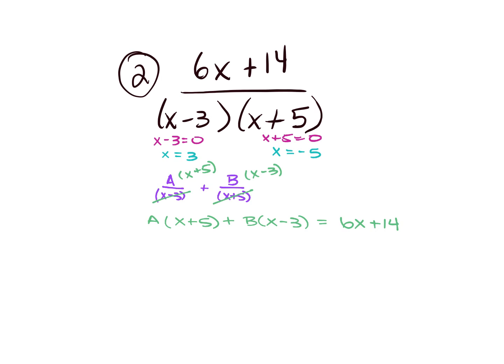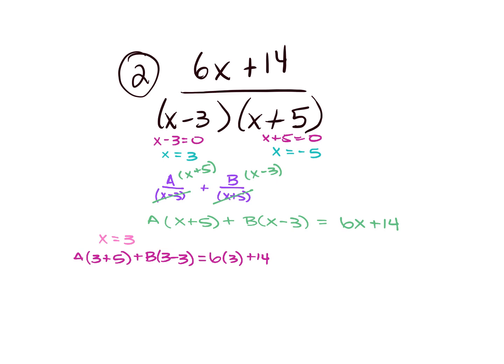We said that x is 3 and negative 5. So if we use that x is equal to 3 first, that's going to give us a times 3 plus 5 plus b times 3 minus 3 is equal to 6 times 3 plus 14.